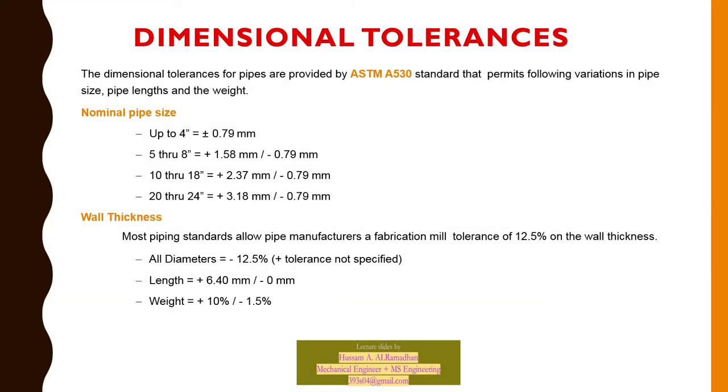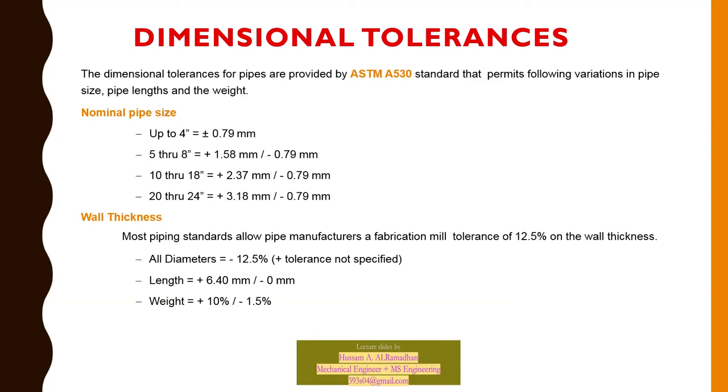Dimensional tolerance. The dimensional tolerances for the pipe are provided by the ASTM A53/A530 standard that permits the following variations in the pipe size, pipe length, and weight. Nominal pipe size up to 4 inch will be plus or minus 0.79 and so on. Wall thickness: most pipe standards allow pipe manufacturers a fabrication mill tolerance of 12.5% of the wall thickness.